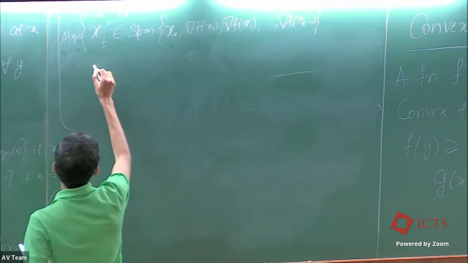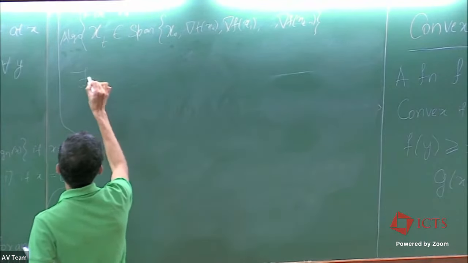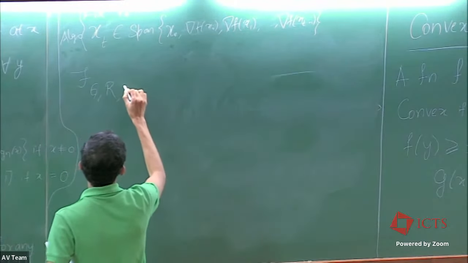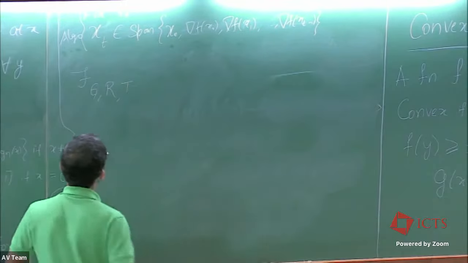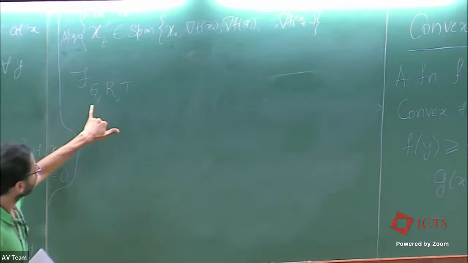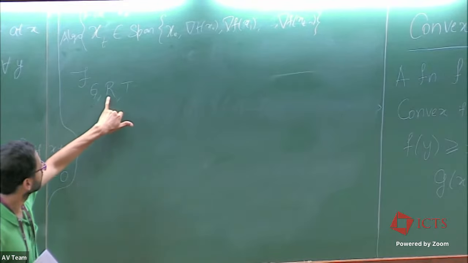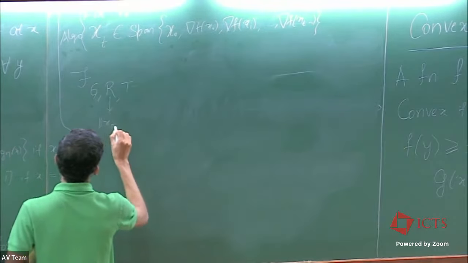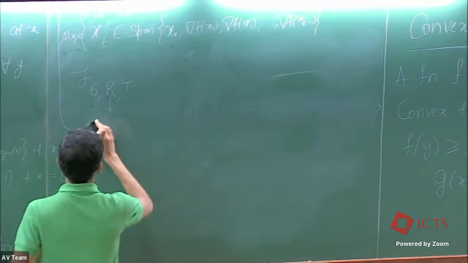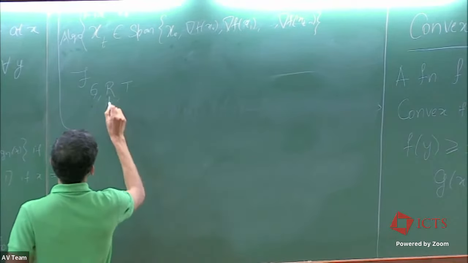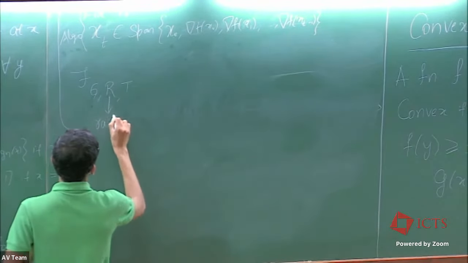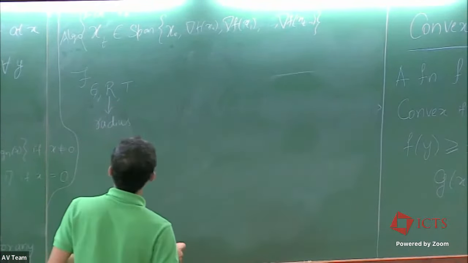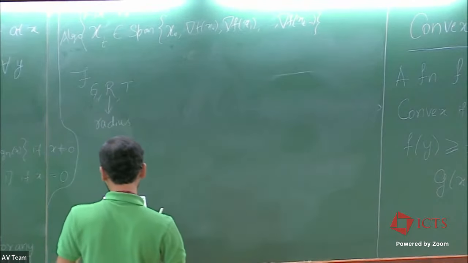So the second thing we need is a class of functions f, and this will be parameterized by G, R, and the number of iterations T. Given a bound on the gradient and a particular radius R, and then number of iterations T, we'll construct a class of functions of the following form.